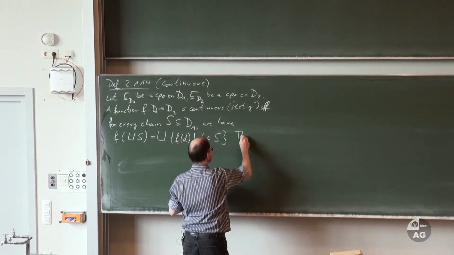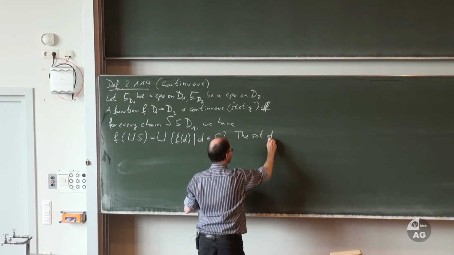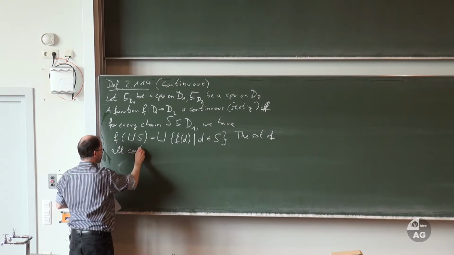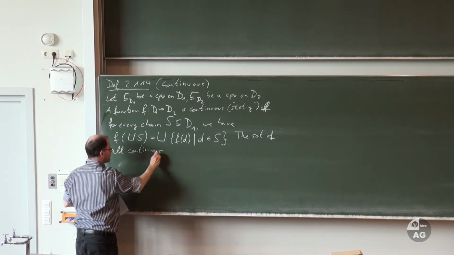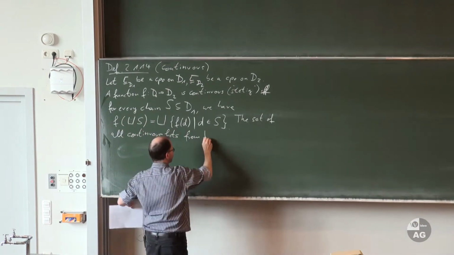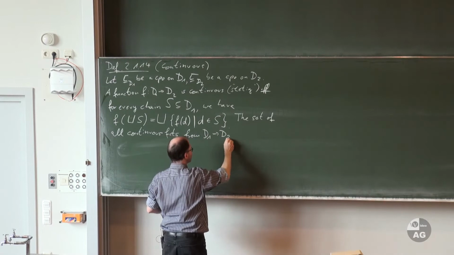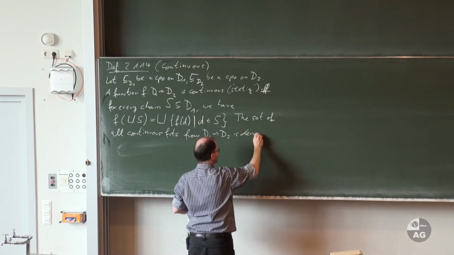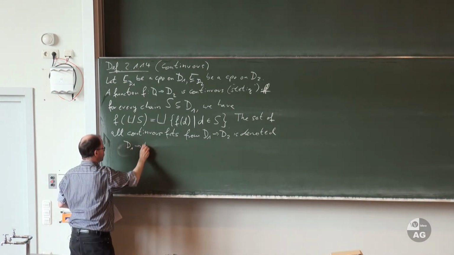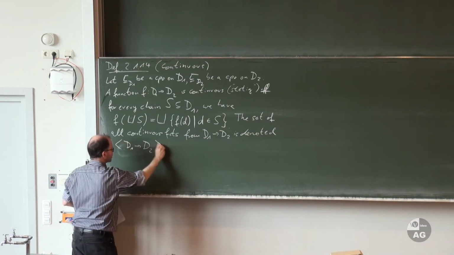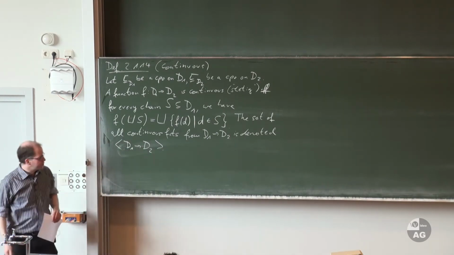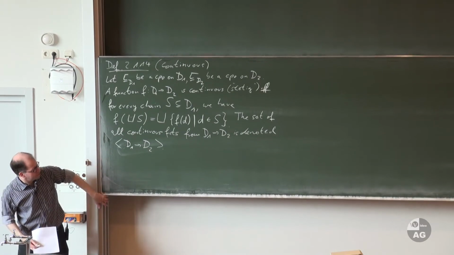And the set of all continuous functions from d1 to d2 is denoted d1 to d2 in angle brackets. Now, if you look into the literature, this is typically not denoted like this.